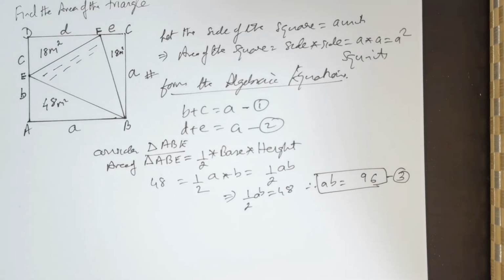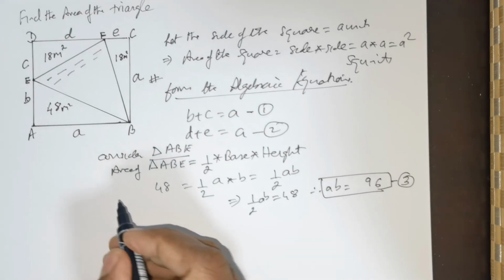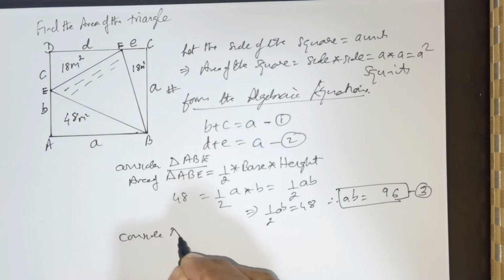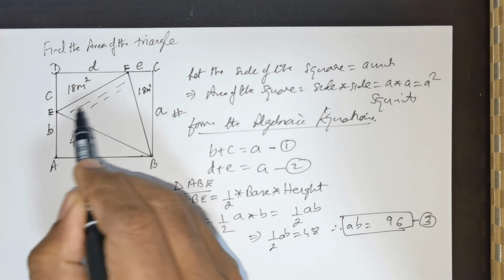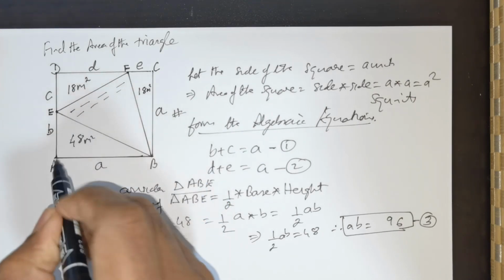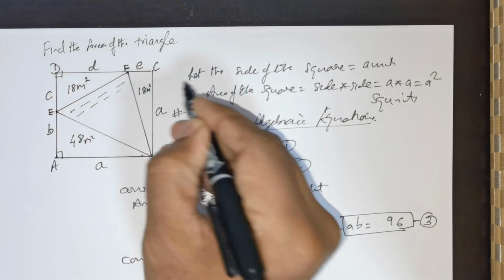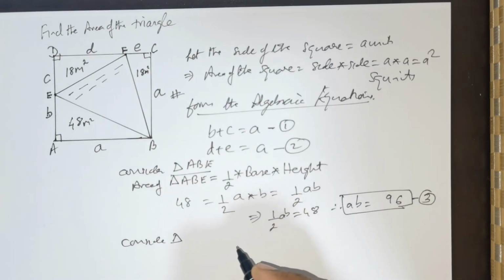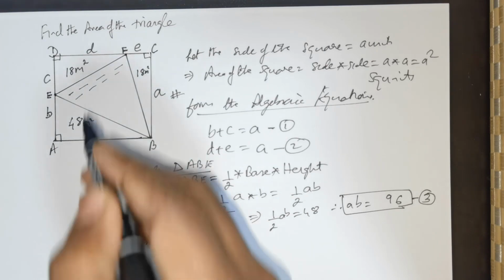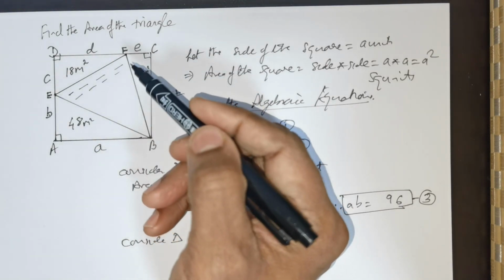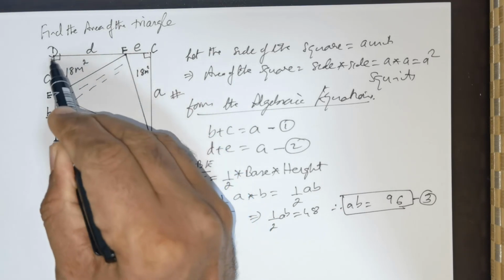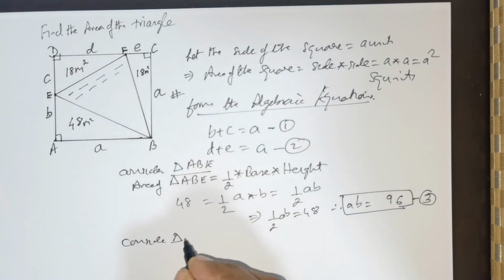Okay, so next I will move on. Consider triangle CDE. All of these are 90 degrees, there's a 90 degree there. So consider triangle FDE.